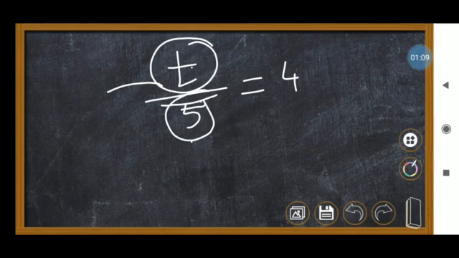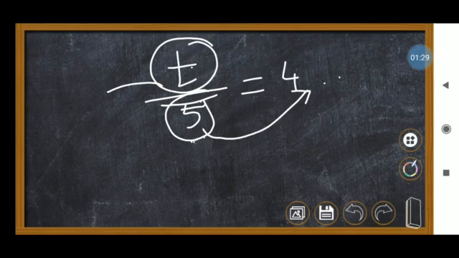So if we take that number to the other side, it will become multiplication, because it is in division. When you transfer this number to the other side, this division will become multiplication.